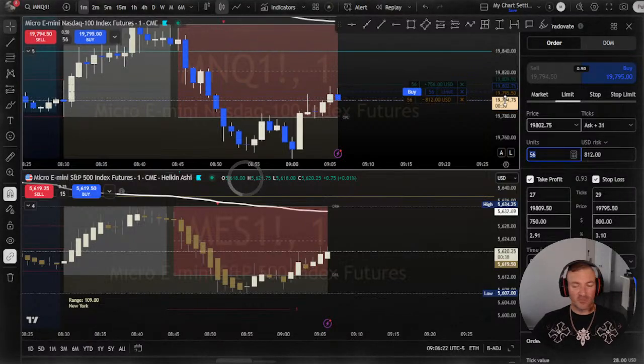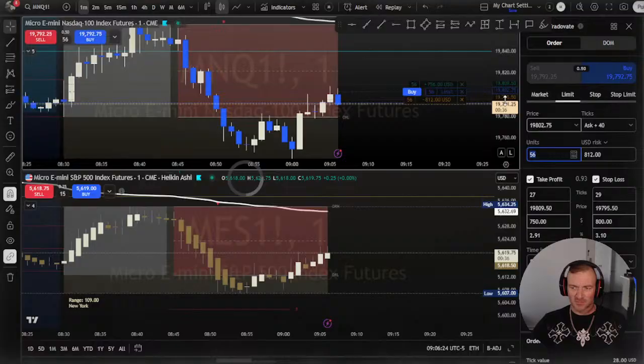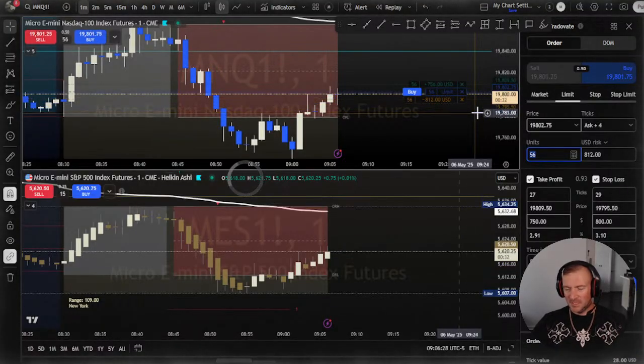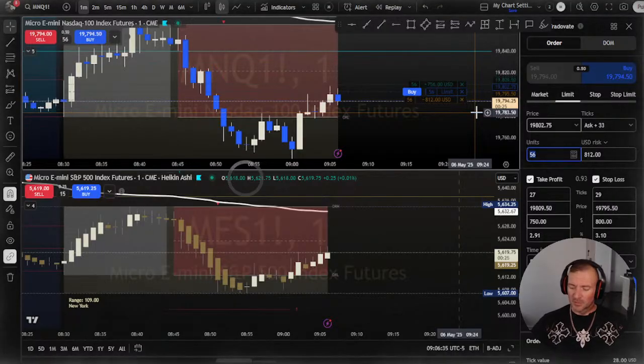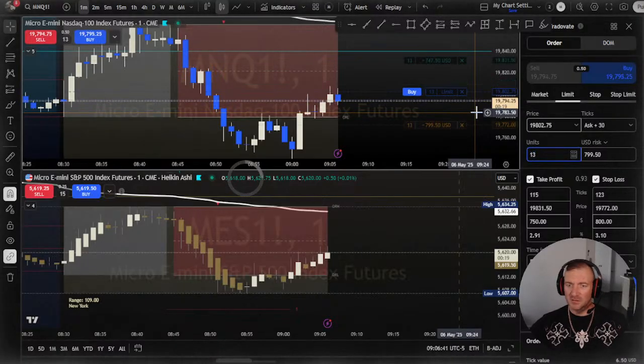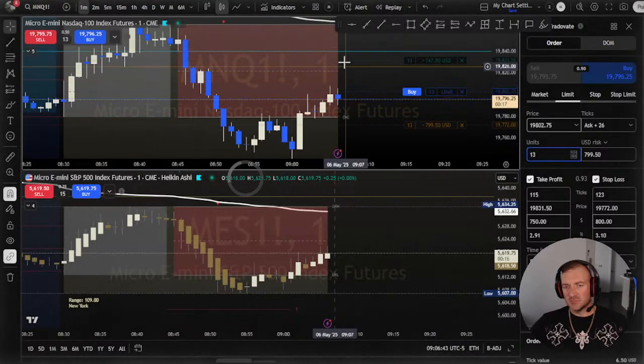No, that's on a 50k account. I don't even know how much I have on this. Probably 4. I don't know what you get with maybe 3. That would be wild if it's only 3. Either way, I'm only going to go with, let's say on NASDAQ, 13. That's a decent move.